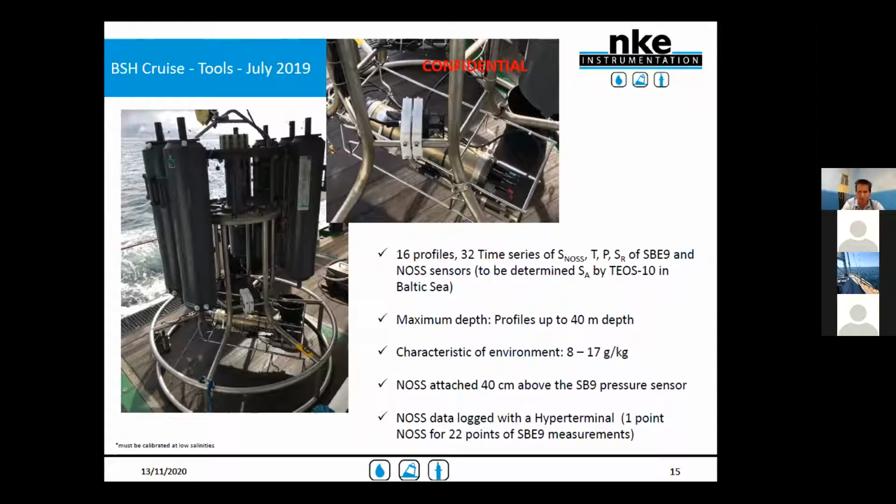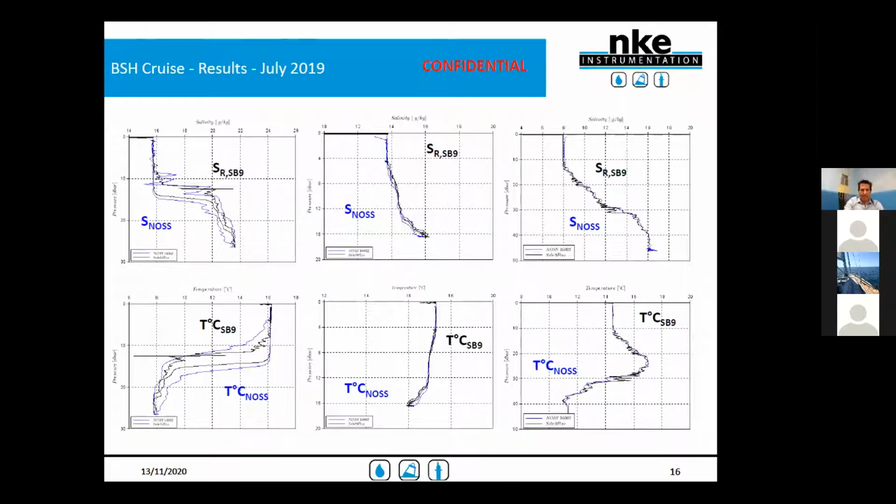NOSE data were logged with a hyperterminal. We acquired 1 NOSE point for 22 points of SB9 measurement. That's why it looks like some profiles. On the blue line, we have the NOSE salinity between 0 and 30 meters of depth, and the black line is the reference salinity.